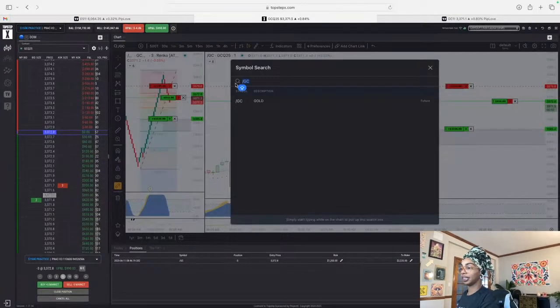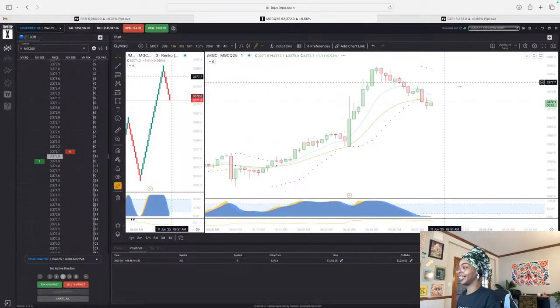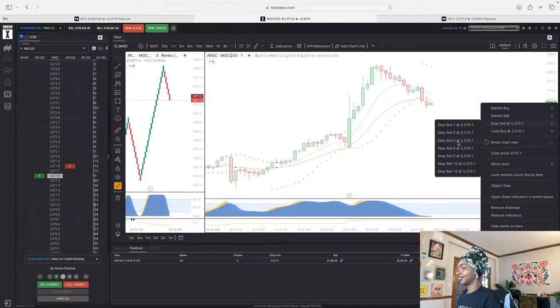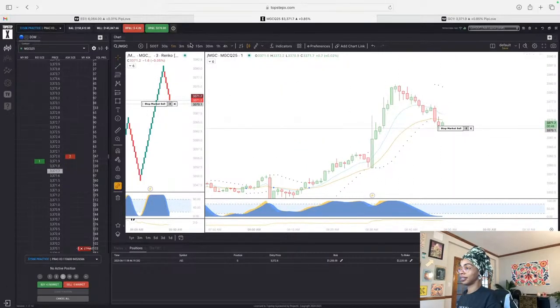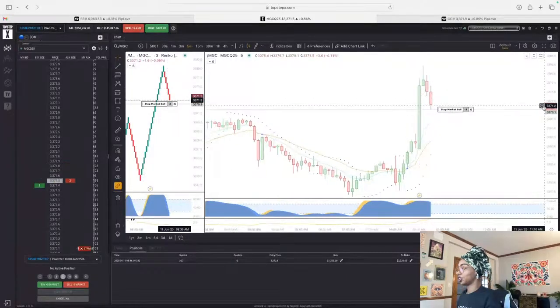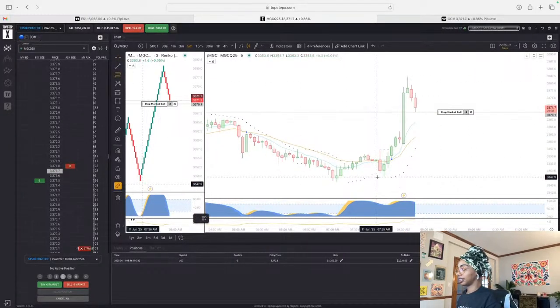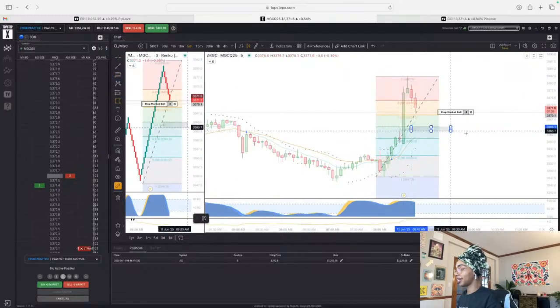Let's go ahead and put this trade in correctly here. I'm going to do the same thing, just choosing the correct asset. I want to get the correct price here. Map it out the same way.